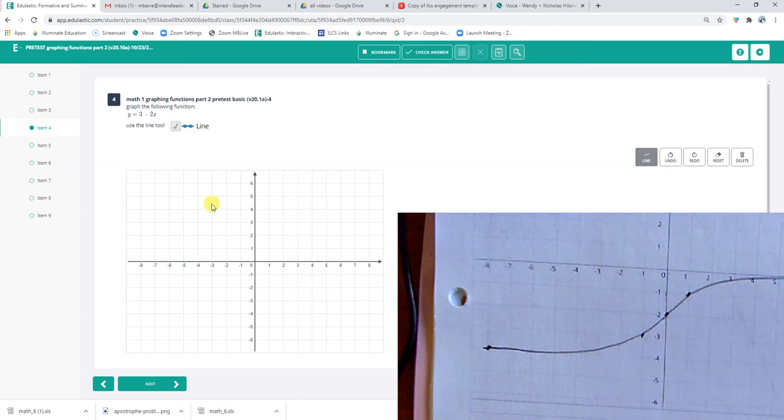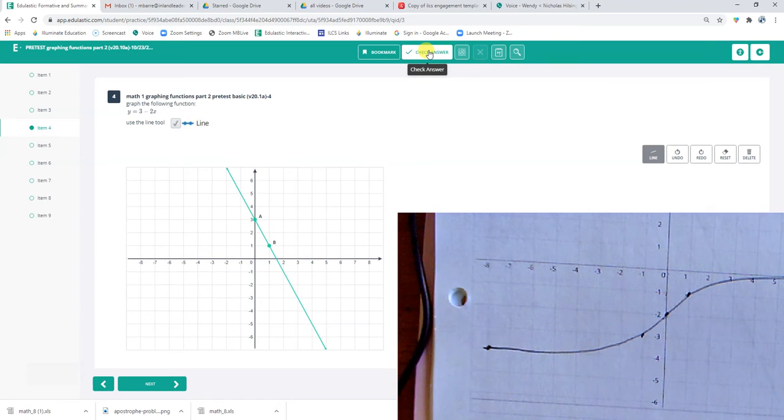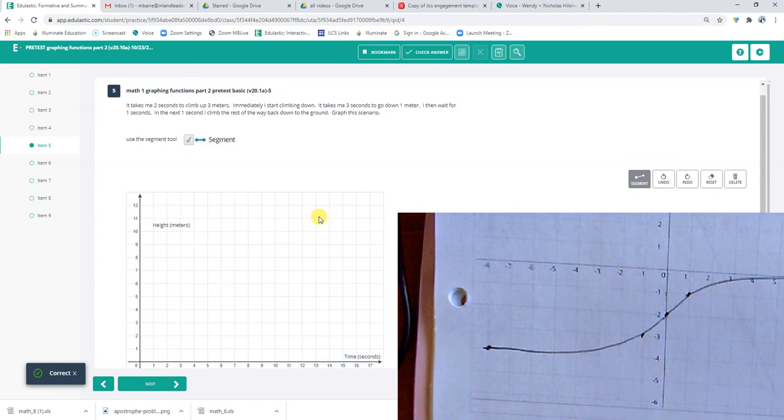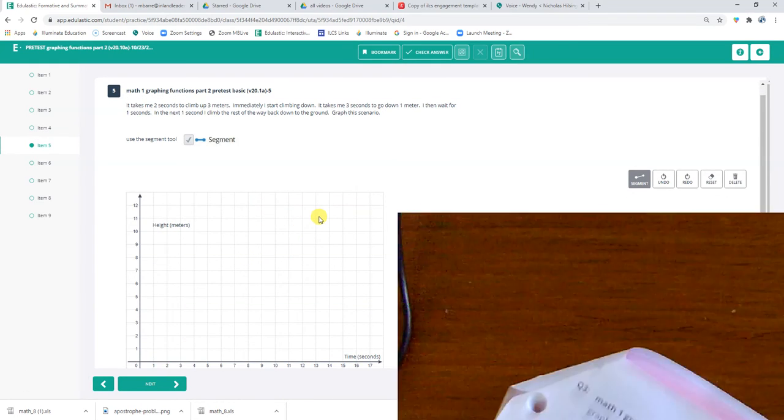All right, this was a line. It starts at 3 and goes down 2 over 1. Looking good. Okay, let's copy this from my paper.